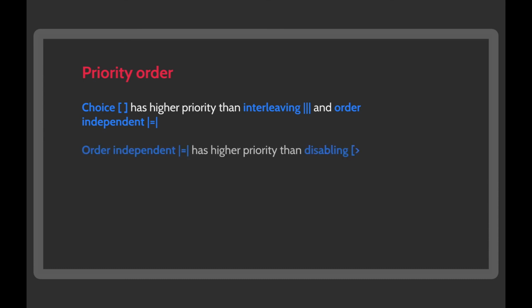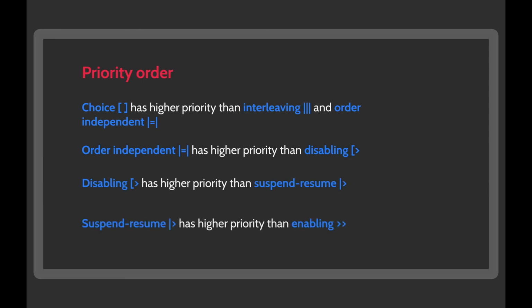So like you can see, choice has a higher priority than interleaving and independent. Order independent has a higher priority than disabling. Disabling has a higher priority than suspend resume, and suspend resume has a higher priority than enabling. So enabling has the lowest priority and choice the highest.